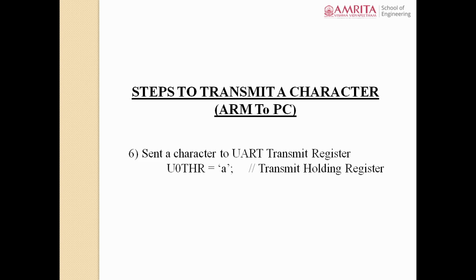So that transmission of character C may be in progress at the present moment of time. So before sending my current character A, you should check whether your UART is ready to receive the new character. If it is ready to receive, then only you should give this character to U0THR. Otherwise, your data will not be transmitted correctly. Right? So how will you check whether UART is ready to receive a new character? How can you identify?